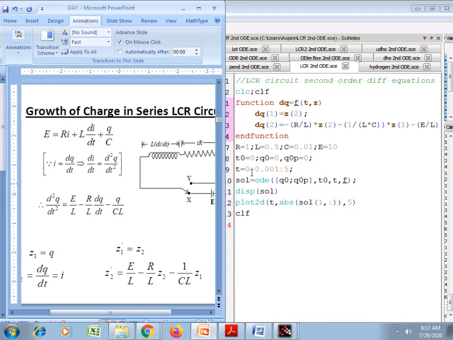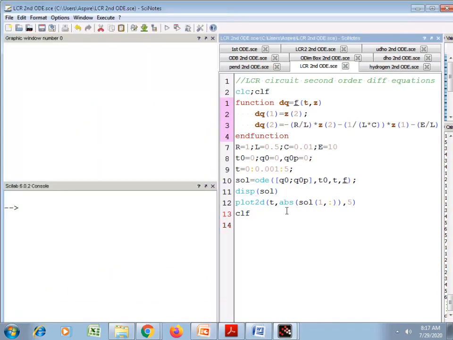The time I have taken is from 0 to 5 with a step size of 0.001. Then for the solution of the differential equation, the ODE function with the arguments q0, q0 prime, then t0, t and the function f. Then the command for displaying the solution and the command for plotting the solution against the value of t.